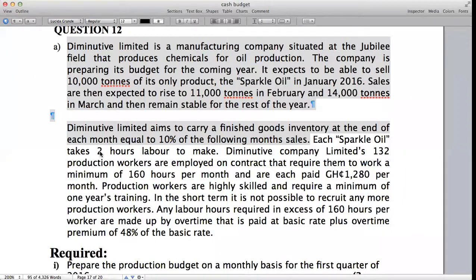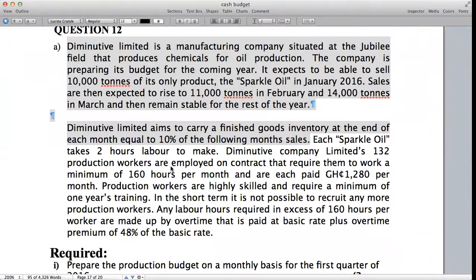It says that Diminutive Limited is a manufacturing company situated at Jubilee Field that produces chemicals for oil production. The company is preparing its budget for the coming year.